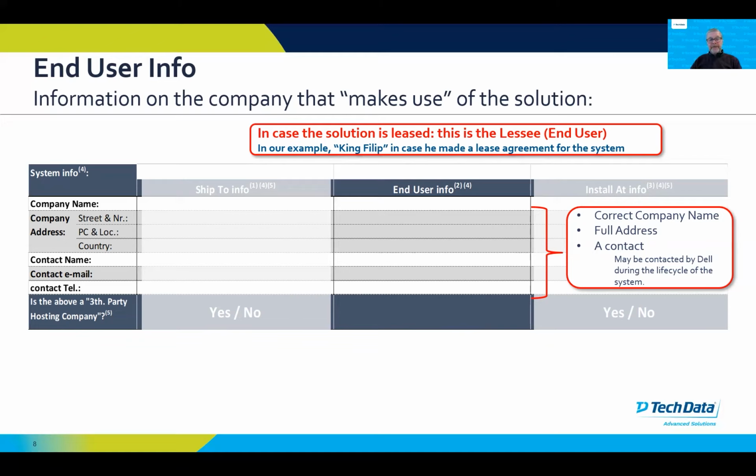In the example we've used, you will fill in the company name and address of King Philip. As a contact, we will include the contact details of King Philip, as we assume, as he is the system owner, he will make use of the system and will need to be informed on the life cycle of the solution.